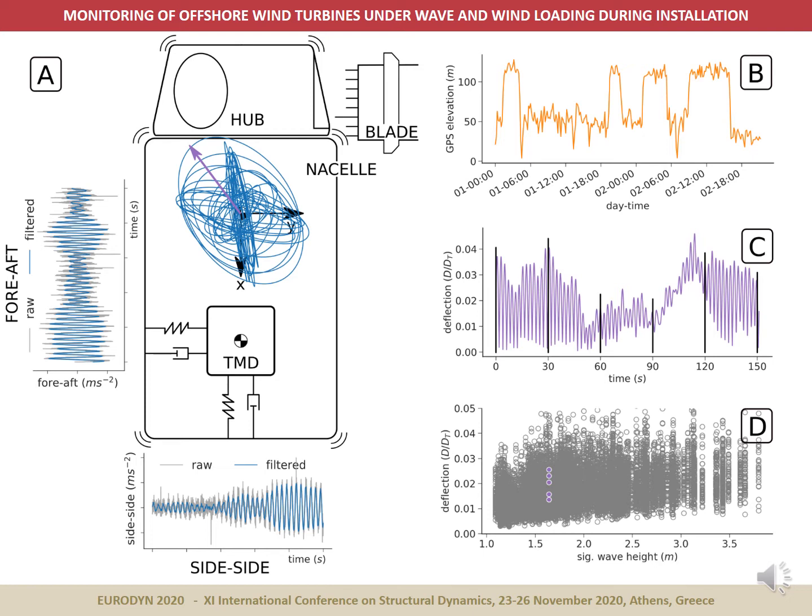This is shown in subfigure D. Please note that in the later results, the time frame used was not 30 seconds, but 10 minutes. Finally, subfigure B shows the GPS elevation profile from the blade. This illustrates how the timing of the installation process was monitored.